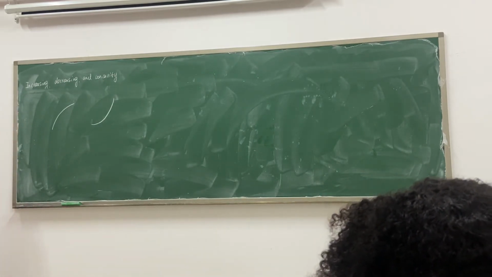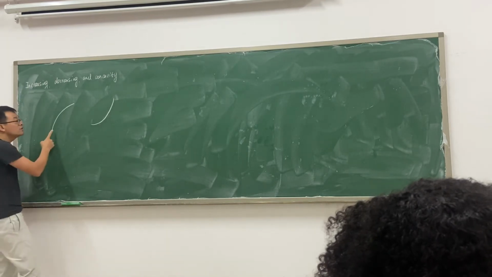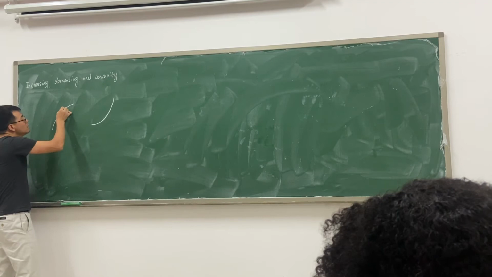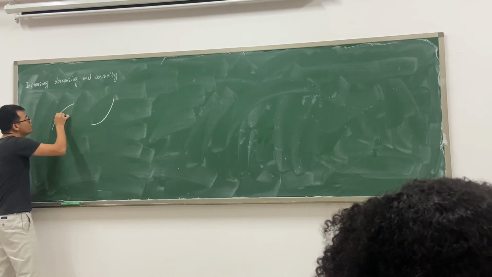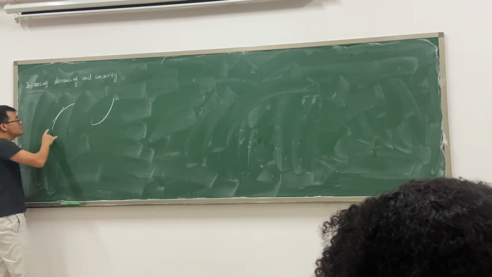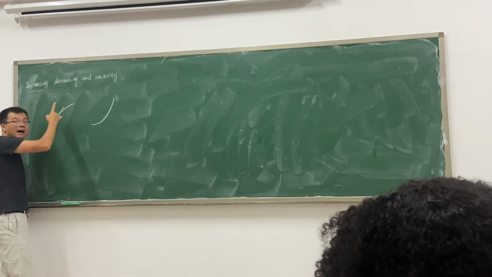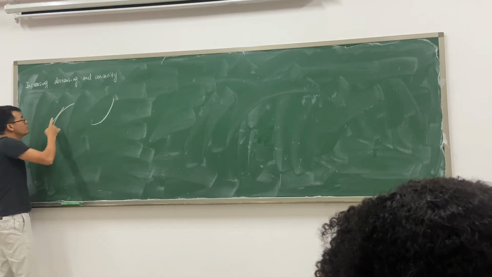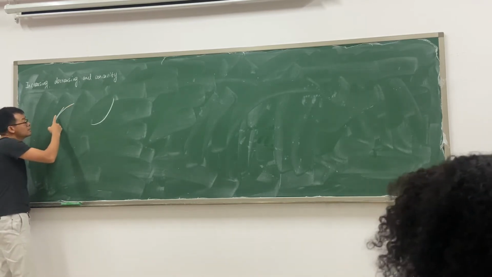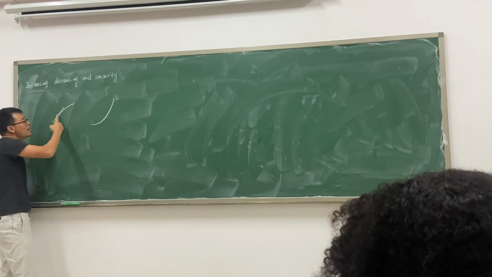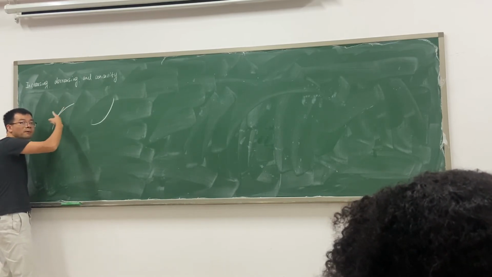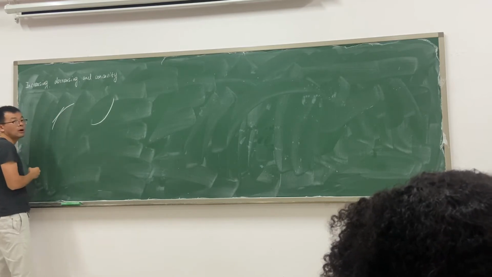For the first one, the tangent line at any point is above the graph.